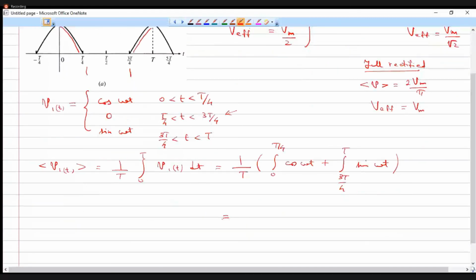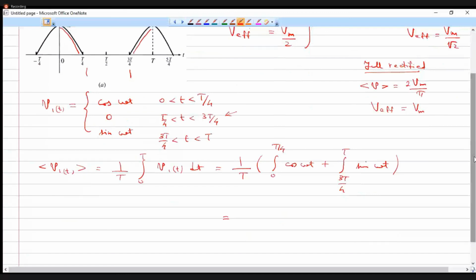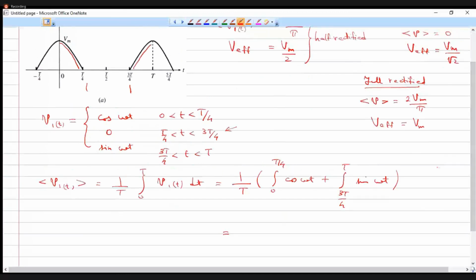So I want you to understand how these intervals are taken. In a real question, the only thing is that instead of T by 4, it will be given as 3T by 4 or something like that. We cannot do all the possible combinations of a certain question. So once you know how a question is approached, you should be able to deduce how to approach a different question.